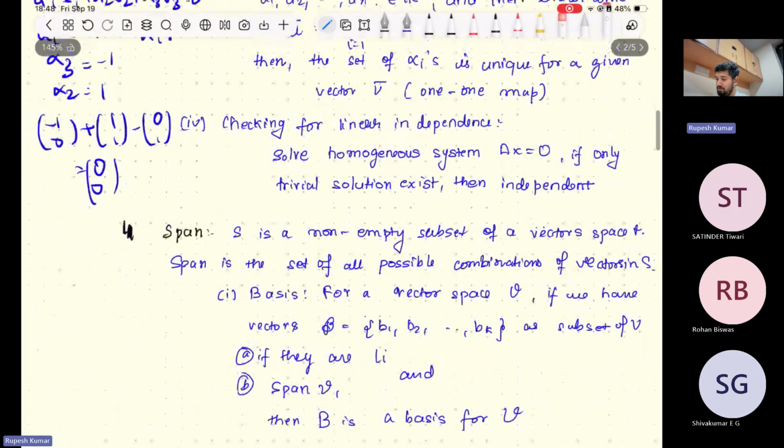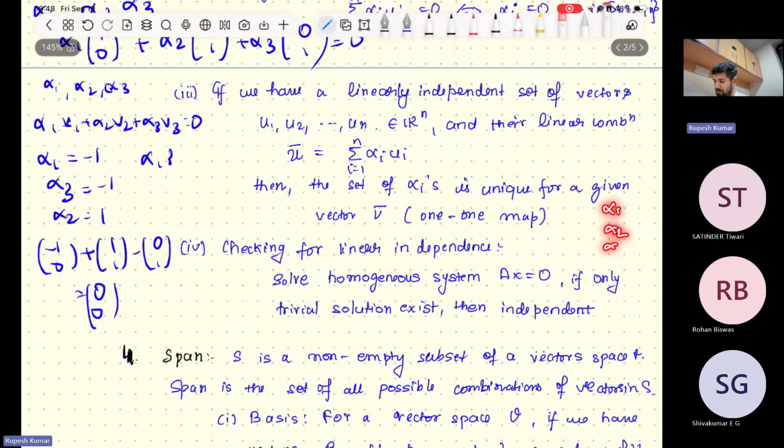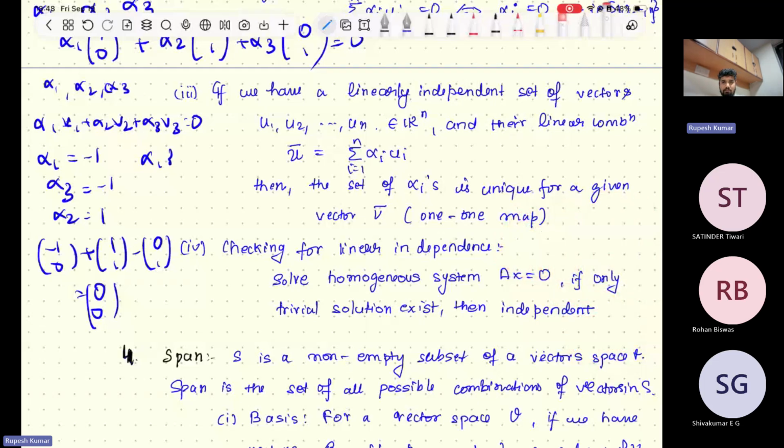You put the alpha i's into the vector x, so alpha 1, alpha 2, alpha 3, and in the matrix A you put all the vectors v1, v2, v3, right? Then if you take the product and set it to 0, the only solution is alpha 1 equals 0, alpha 2 equals 0, alpha 3 equals 0. Is this clear, everyone?